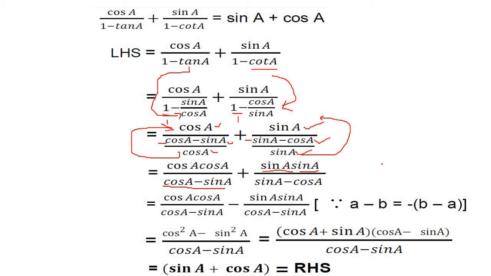So if you take minus as common, this becomes minus sin A. Next, if you take out minus common, this minus becomes plus cos A. Close the bracket.